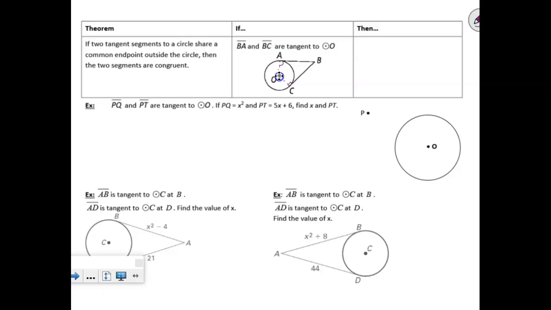So OA is perpendicular to AB and OC is perpendicular to BC. And we can use the triangles are congruent by the HL theorem to state line segment BA is congruent to BC. So these two segments here are congruent. We are not going to go through the proof.